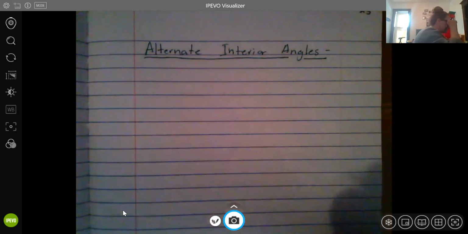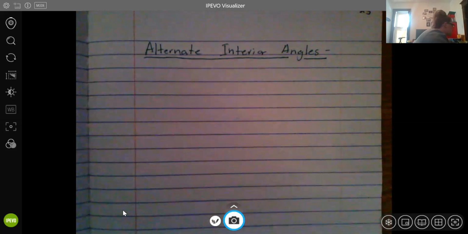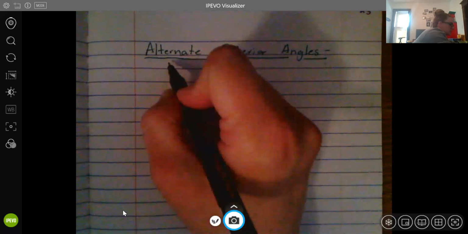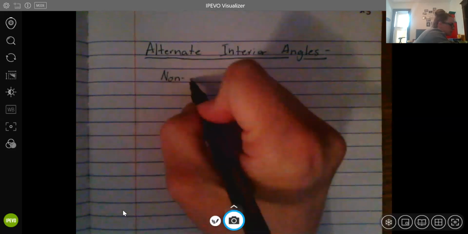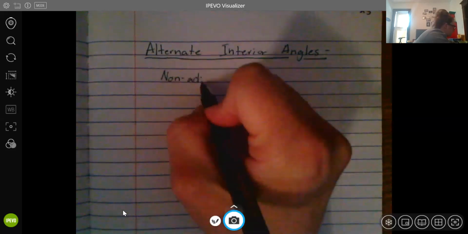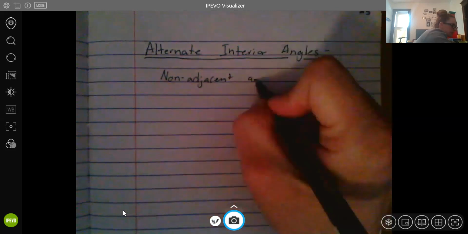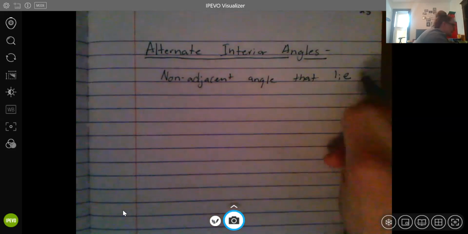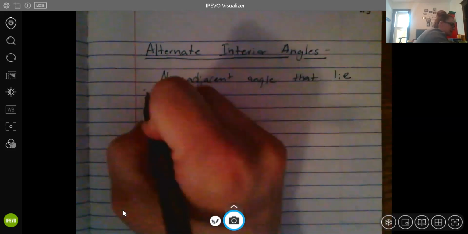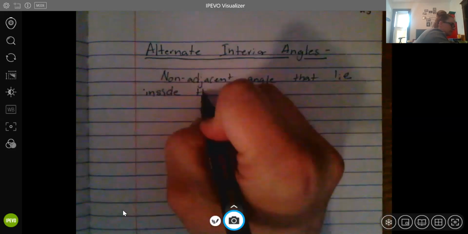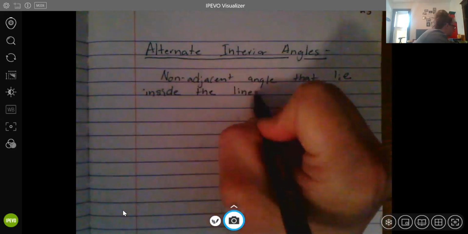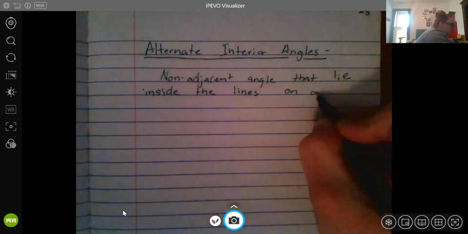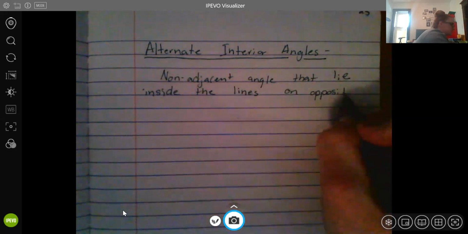That's where the alternate comes into play. So these are non-adjacent, so not next to each other, angles that lie inside the lines on opposite sides of the transversal.